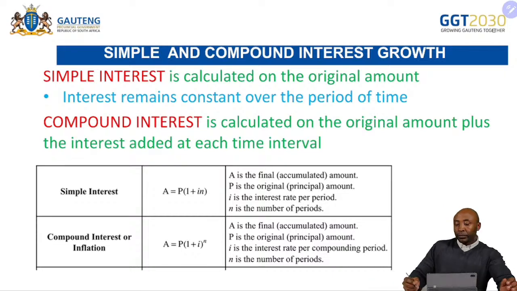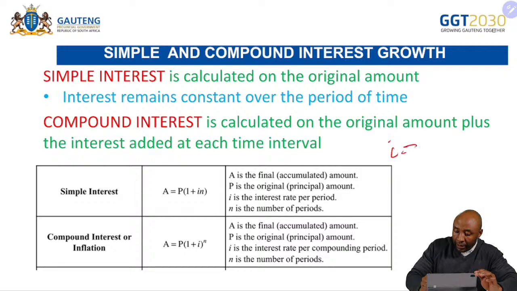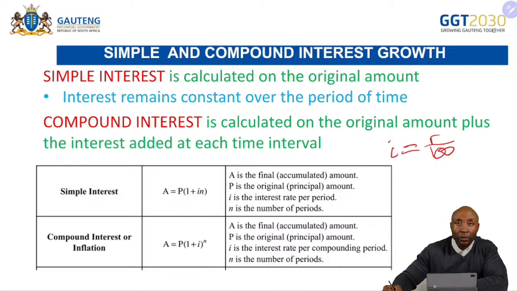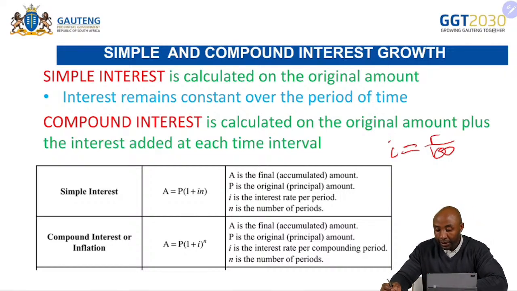Now, you should know that the i is normally given as r over 100. Hence, I said to you, we will also be doing conversions because our r is a percentage and we have to convert that percentage to a fraction or a decimal before we substitute it into our formula.